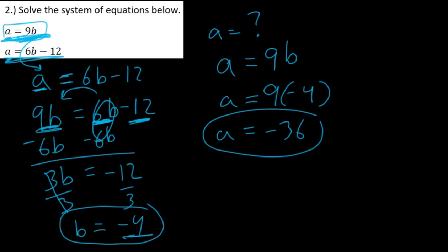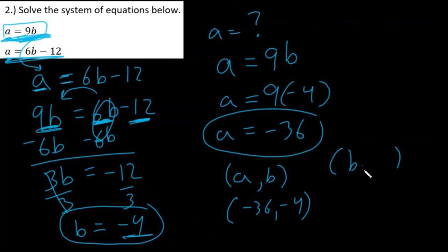So if I were asking you to write this in the form of a comma b, well then you could write this as negative 36 comma negative 4. Now, what if I asked you to write this in the form of b comma a? Well, in this case, we could write it as negative 4 comma negative 36.